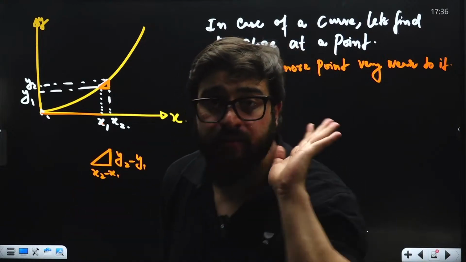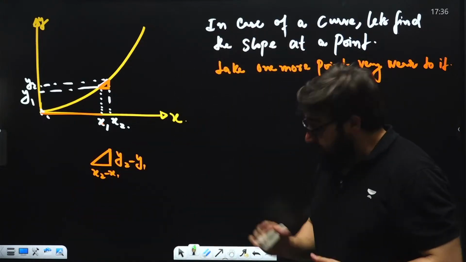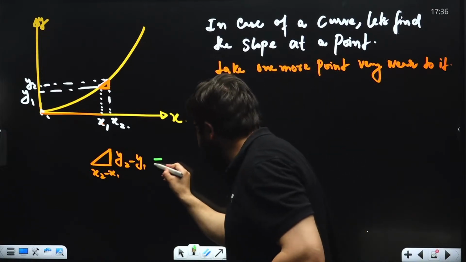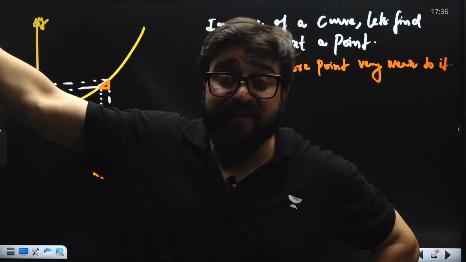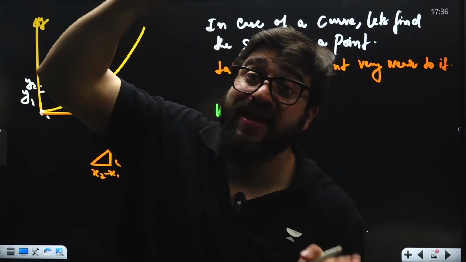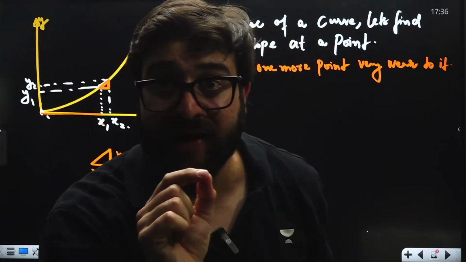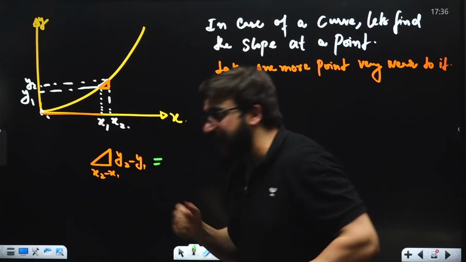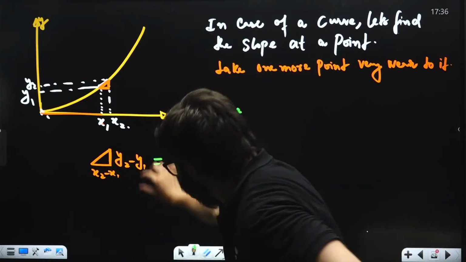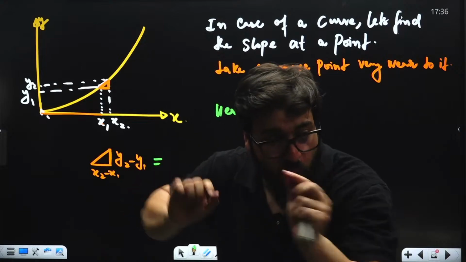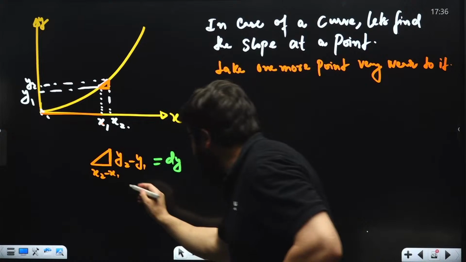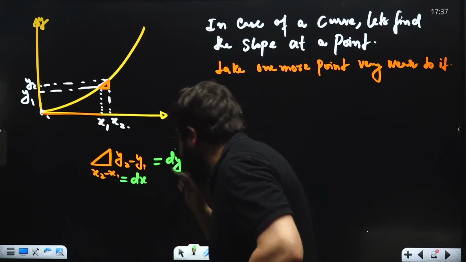Now, in case of a straight line, when this y2 minus y1 was very big, I called this delta y and this delta x. But when this distance is extremely small, I will call this dy and this dx.